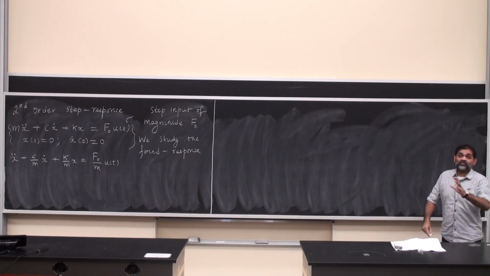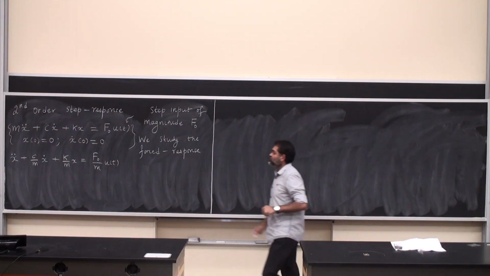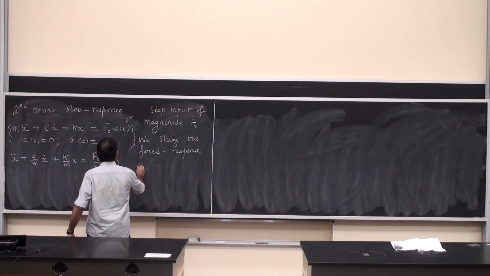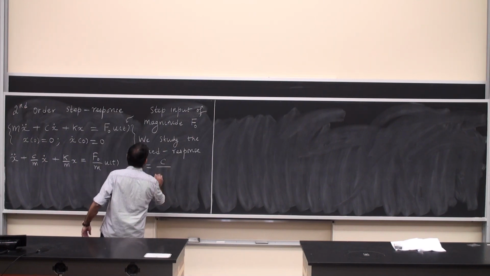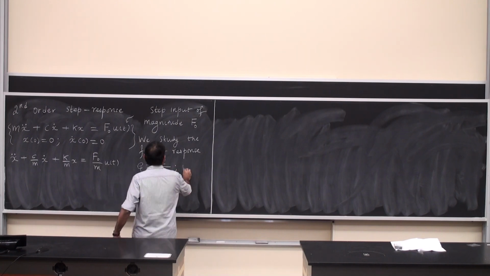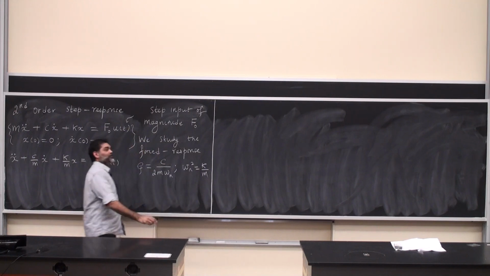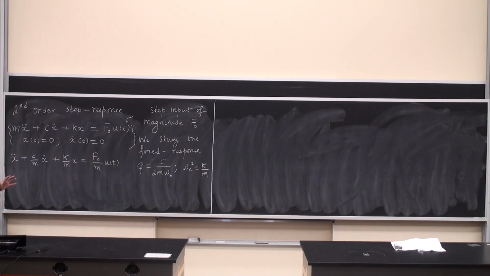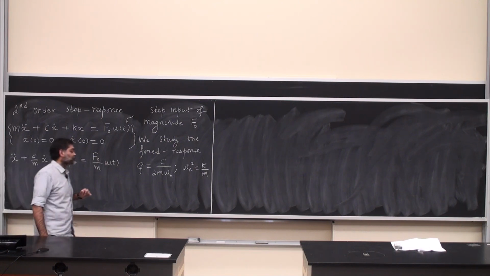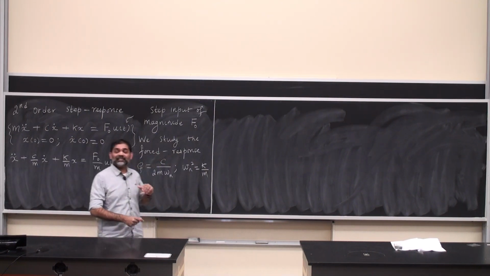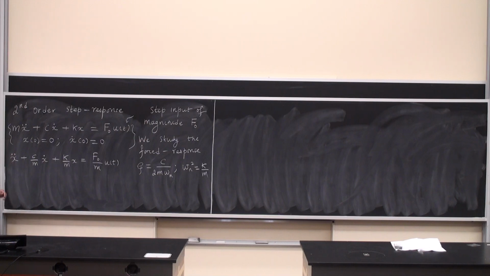And then we say that the c by m can be replaced by the quantity 2 zeta omega n, where zeta is c by 2 m omega n. Omega n square is the square of the natural frequency of the system. Zeta is the damping ratio. It's a dimensionless parameter that governs how the system response changes. And this equation can now be cast in the standard form.